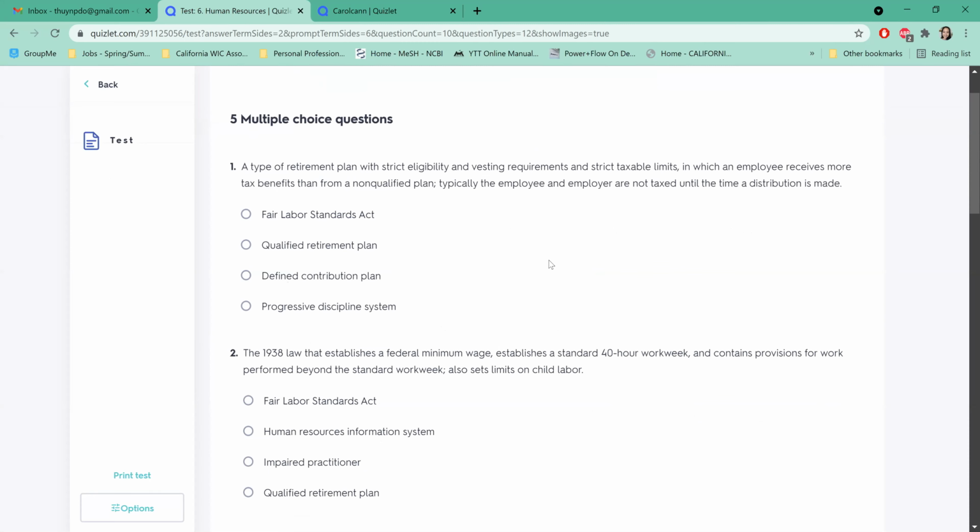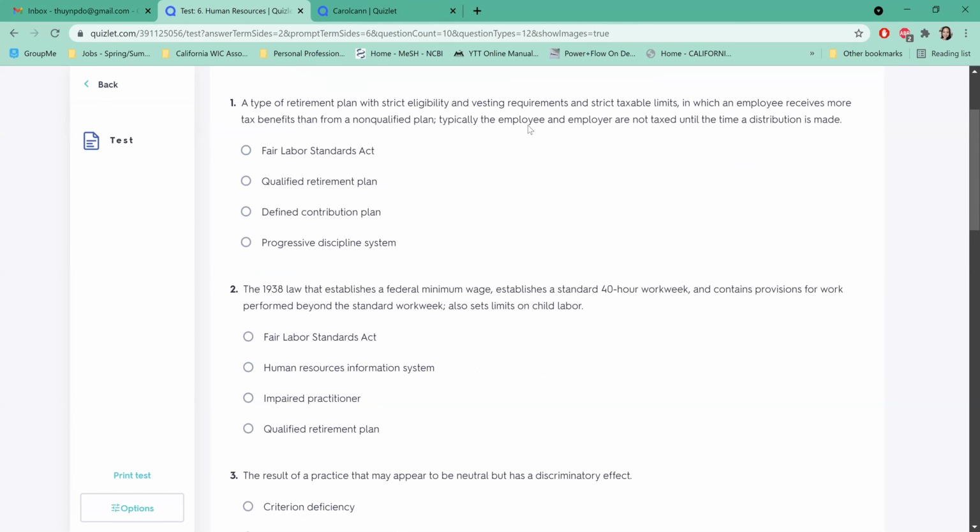So switching lenses right now. A type of retirement plan with strict eligibility and vesting requirements and strict taxable limits in which an employee receives more tax benefits than from a non-qualified plan. Typically, the employee and employer are not taxed until the time a distribution is made.